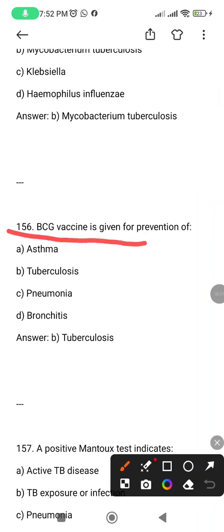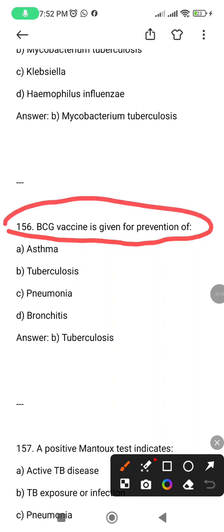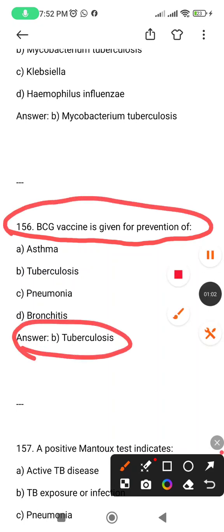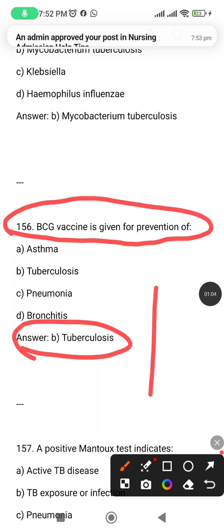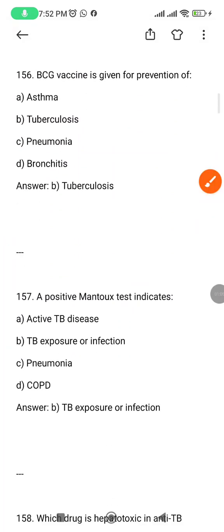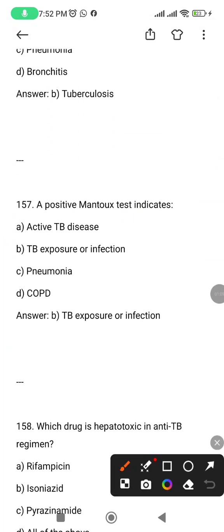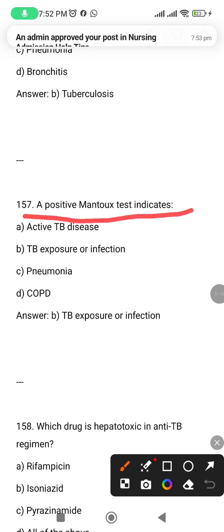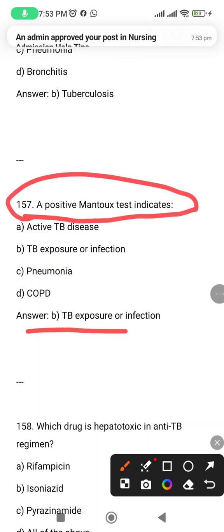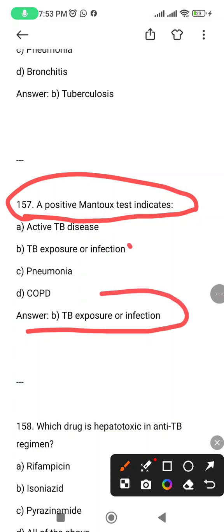BCG vaccine is given for prevention of tuberculosis. A positive Mantoux test indicates TB exposure or infection.